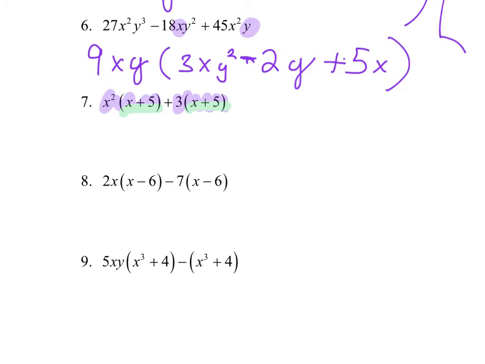So I can actually factor that out. I can pull out the x plus 5. What is left is the x squared and the plus 3. And there we have the factor.